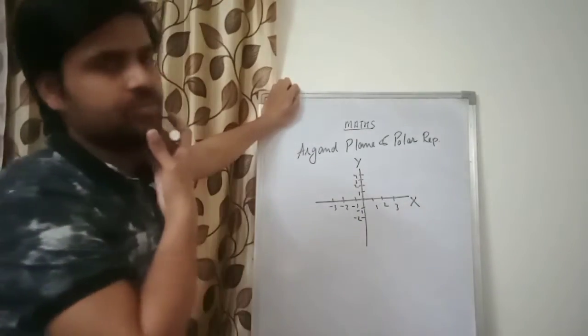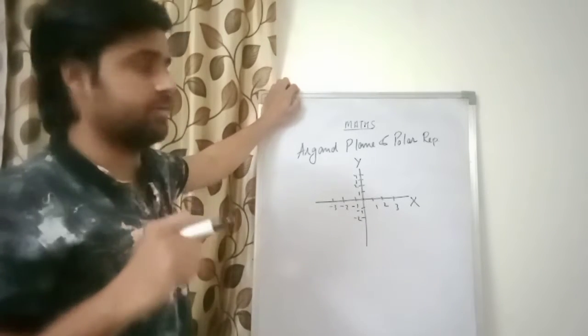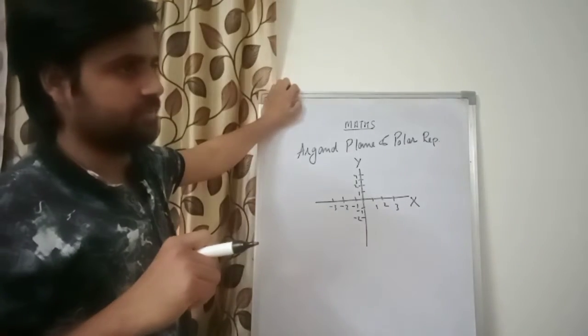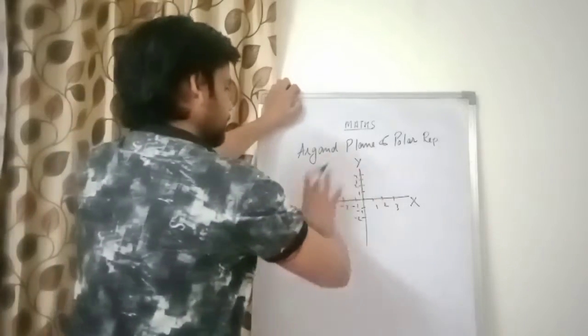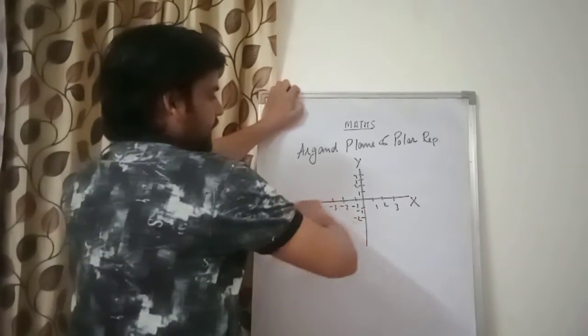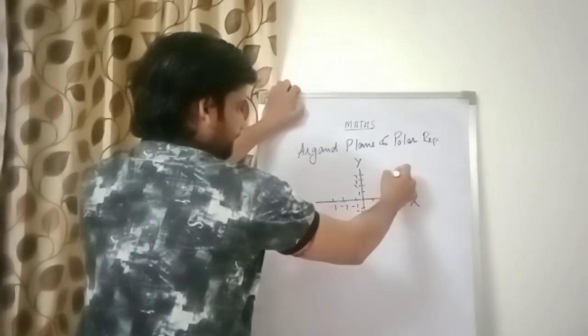It is used to actually just represent the address of that point. Let's say I have to say where the point actually lies on this plane. This Cartesian is actually the plane which is having x-axis and y-axis, and let's say the point is here.